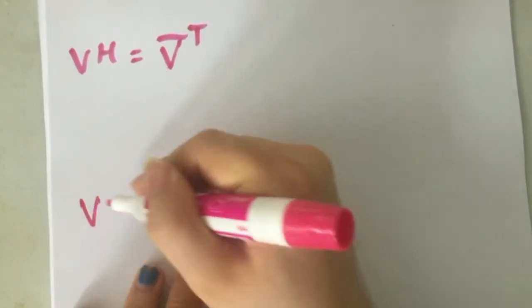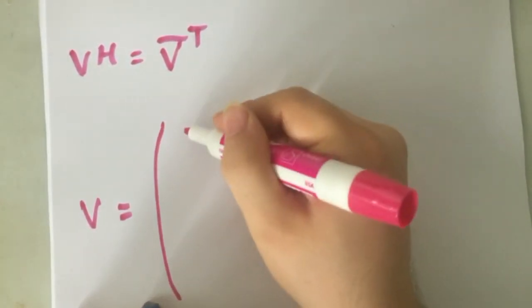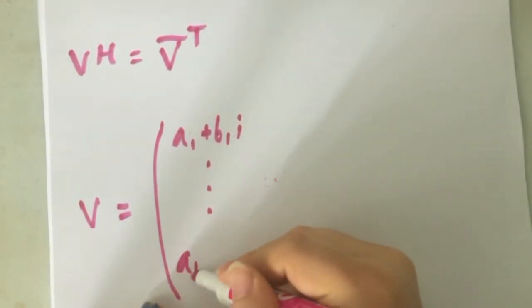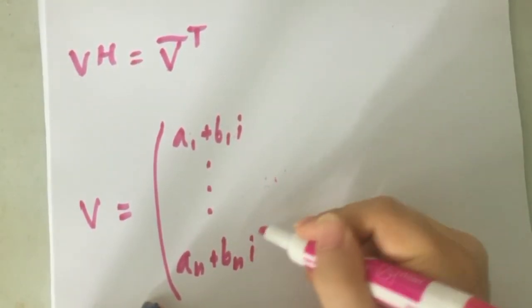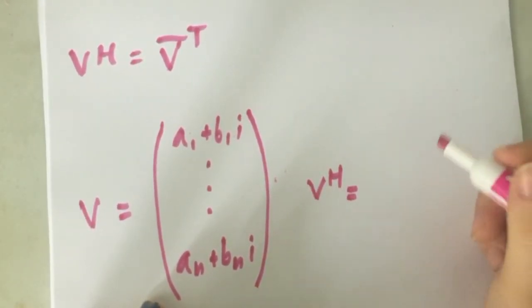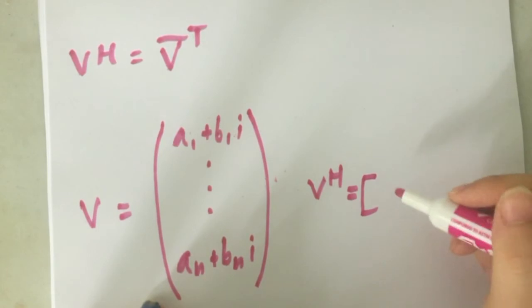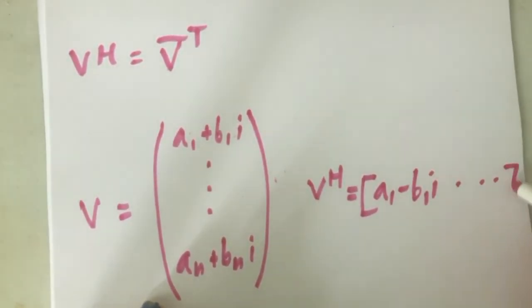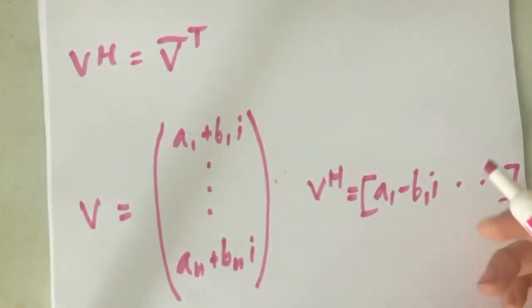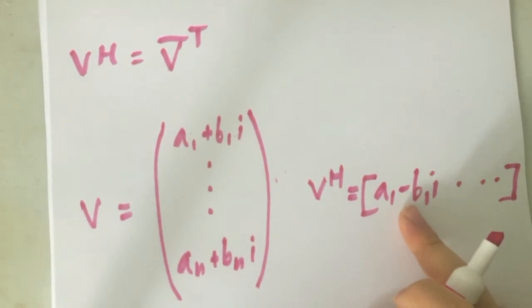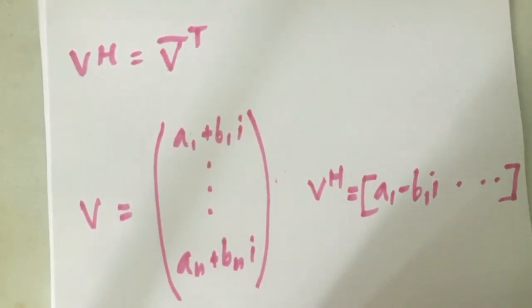So if V equals a1 plus b1 i through an plus bn i, then V Hermitian will equal, now a row vector, a1 minus b1 i, etc. This is the transpose, where you also conjugate.